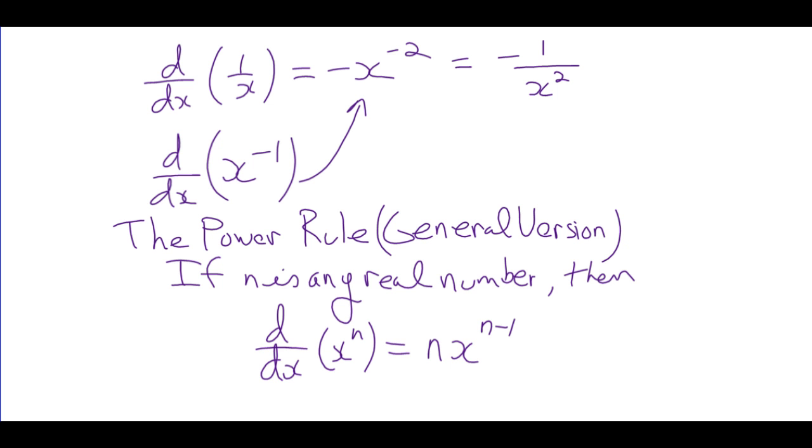So the power rule holds for any real number, right? We looked at it with x to the 4th. We proved it for any integer. You can't use a binomial expansion for x to the negative 2/3. That doesn't work. That's the general version.